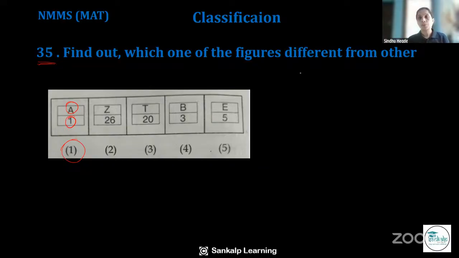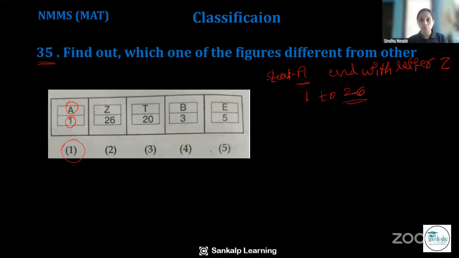As we know, our alphabet starts with the letter A and ends with the letter Z. So totally 26 alphabets are there, 1 to 26. In that, first place A comes.